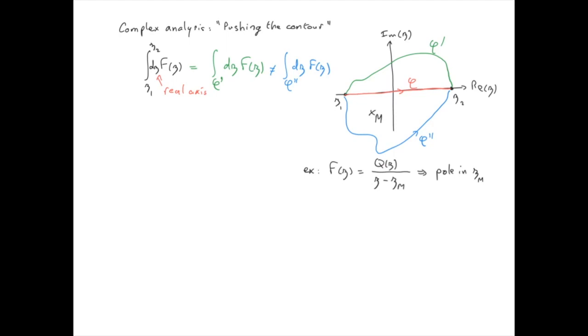So we often use this property to change an integral over the real axis into an integral over a specific contour which will hit, for instance, a specific point which will help me solve the integral, like for instance with a stationary phase approximation.